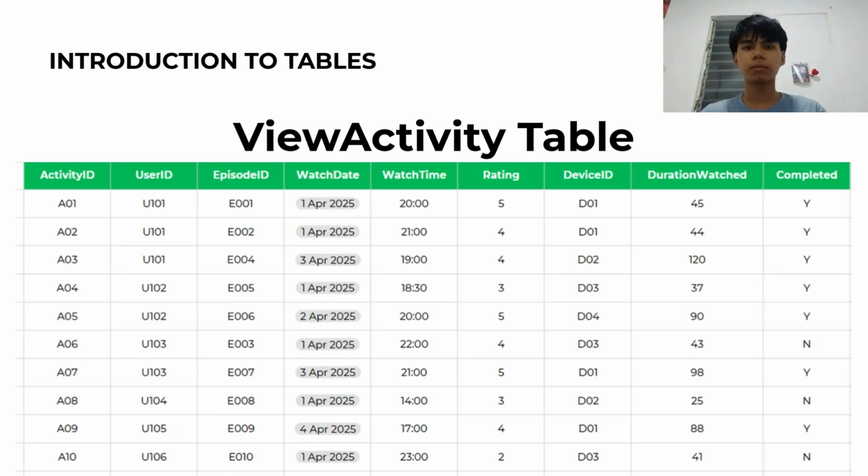The viewing activity table records actual watch activity with user ID, title or episode, watch date, time, rating, device, duration, and completion status. This structure follows 3NF. It eliminates repeating data, ensures clear relationships, and supports efficient queries.